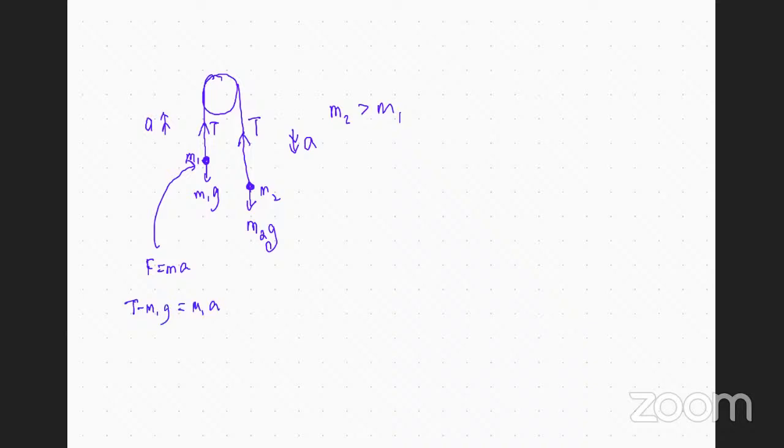With respect to M2, the acceleration is downwards, so M2g is positive: M2g minus T equals M2a. Now you have this equation and this equation, and you can solve for T and a.